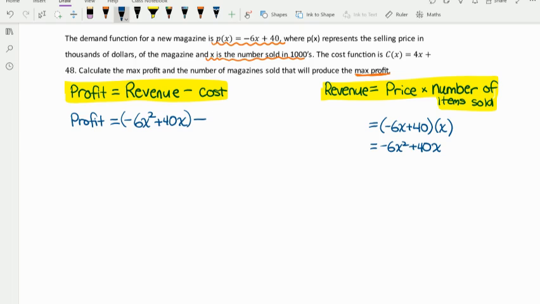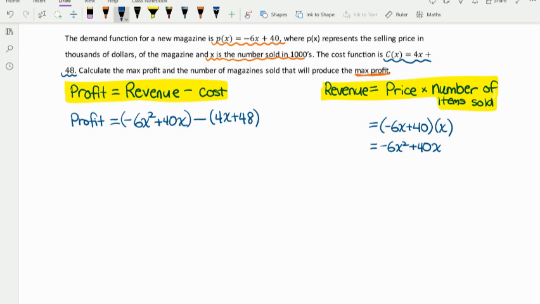Subtract my cost function. And here is my cost function, 4x plus 48. Notice that I'm putting all of this in brackets because we need to distribute it.